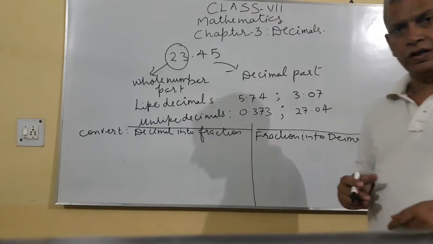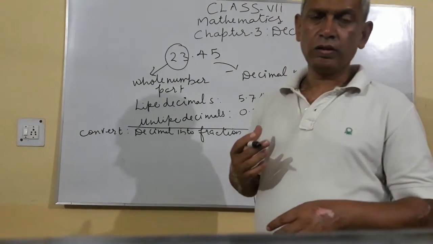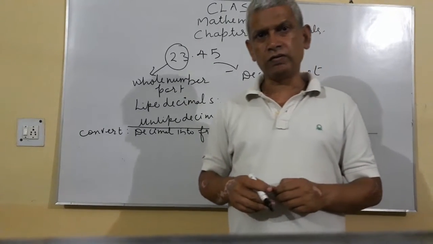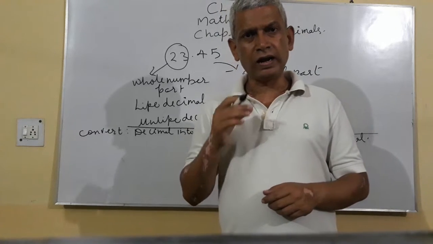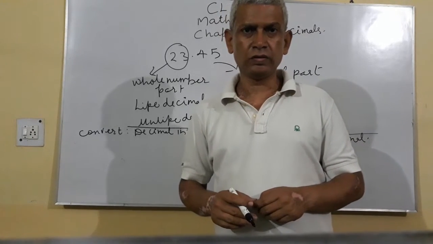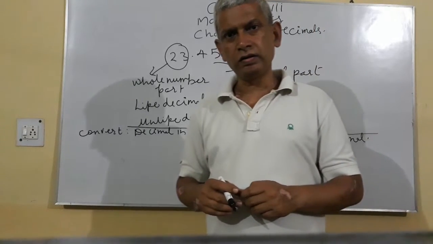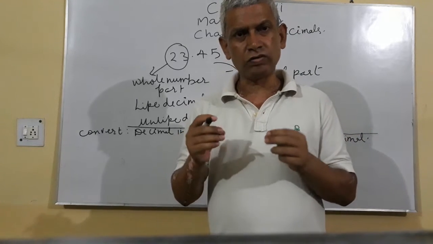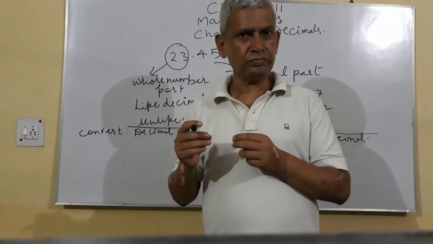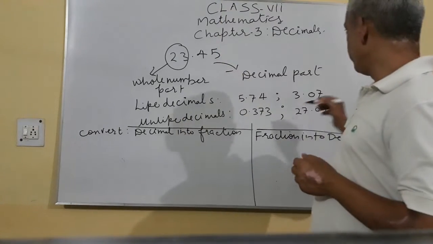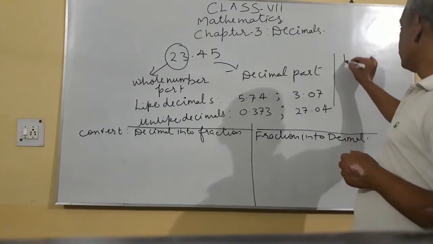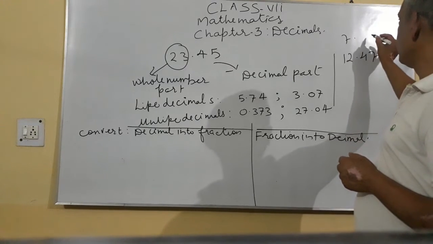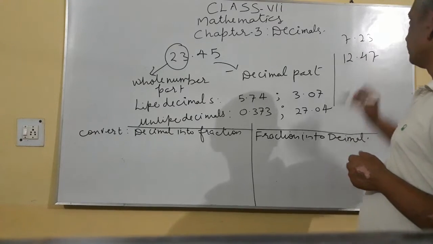Whenever we do any kind of subtraction or addition, or when we compare decimal numbers, then we need to convert unlike decimals into like decimals. And keep one thing in mind, that you can add any number of zeros after the decimal. Suppose we have 12.47 and 7.235.